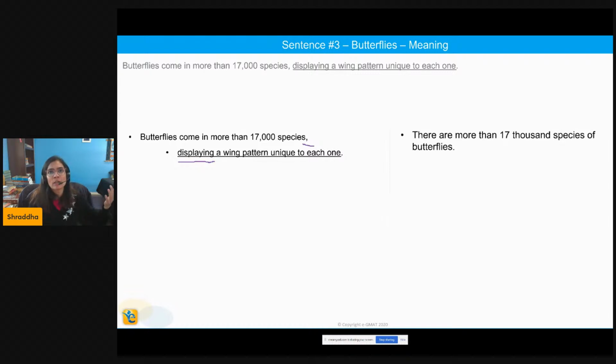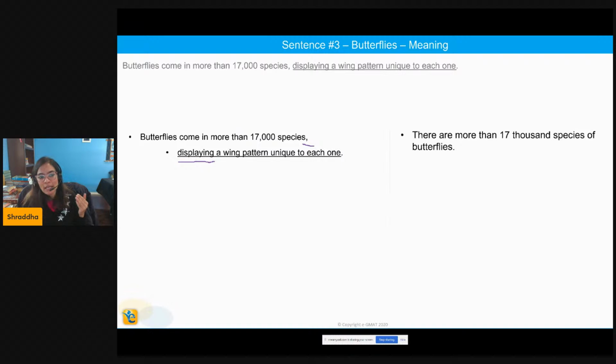Just think about it. If the butterflies came in 18,000 species, would they not display a unique wing pattern? Has it really got to do something with that magic number? No, not really. So definitely the how aspect does not make sense.